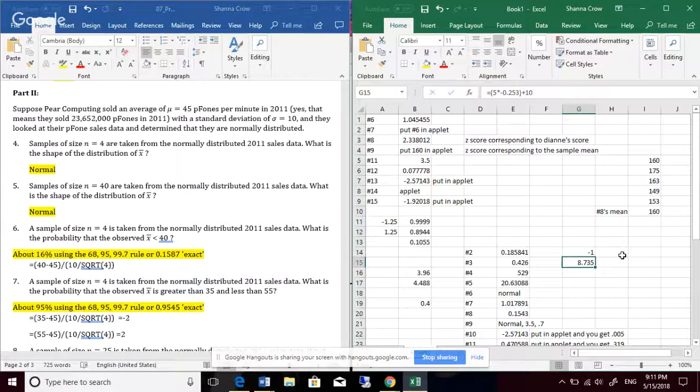What is the probability that the observed X is greater than 35? Probability, so Mindy, remember because number 6 says probability, it's a two-step problem. Yeah, I just thought of that when I was reading through 7. So I need to go to my applet.